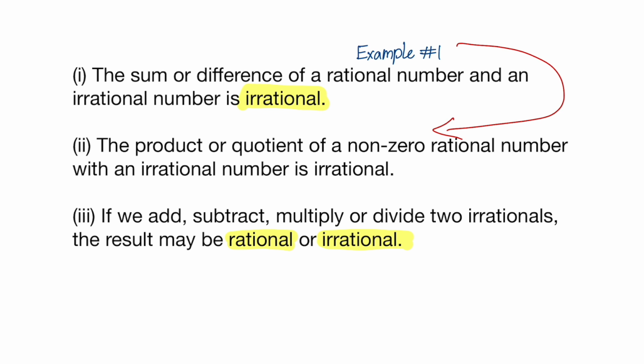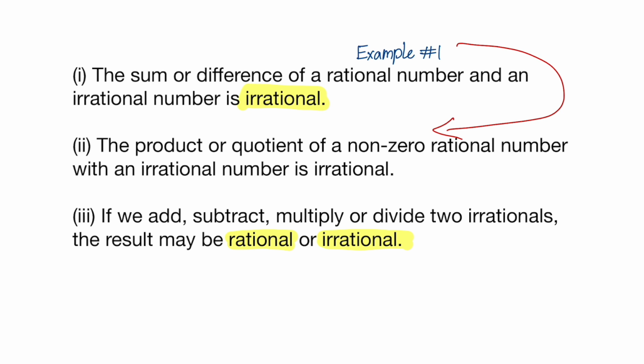Okay, now also if we subtract two irrational numbers, it can also lead to a rational number. How is that? Let us take root 2 minus root 2, right? Root 2 minus root 2 gives you 0. So that is a rational number. So subtraction can also do that.